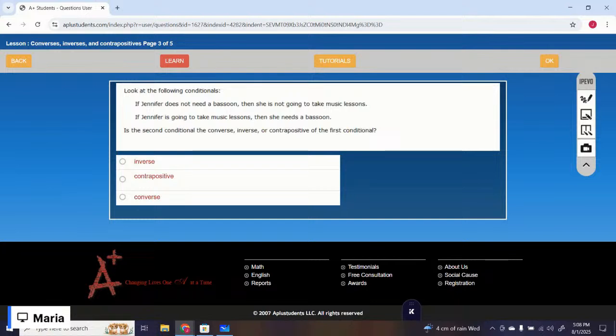If Jennifer does not need a basin, then she is not going to take music class. And if Jennifer is going to take music lessons, then she needs a basin. They are the inverse of each other. Option number one is the correct option.